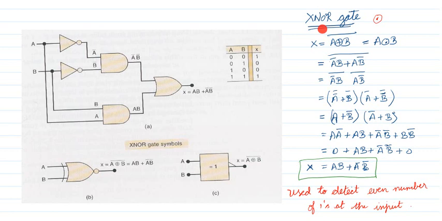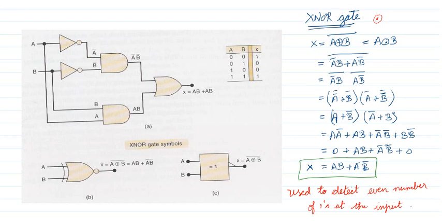The XNOR gate is nothing but the complement of the XOR gate, and I know this curve with the OR gate is XOR, and if I make a NOT bubble here, this becomes the XNOR gate. The XNOR gate is an inversion. So what happens in XOR? 0 1 means 1, 1 0 means we get 1. Here everything is inverted. So 0 0 means 1, 1 1 means 1.